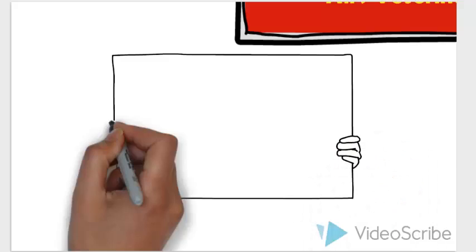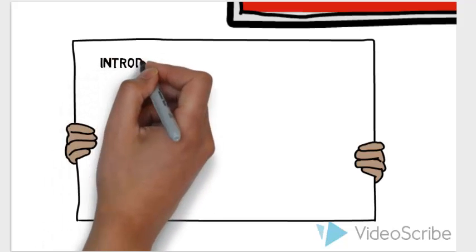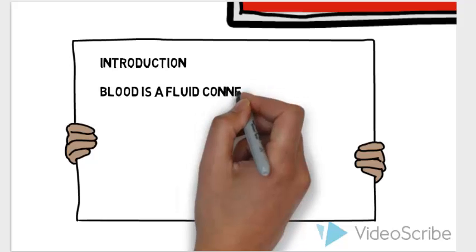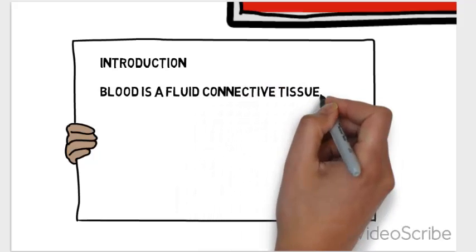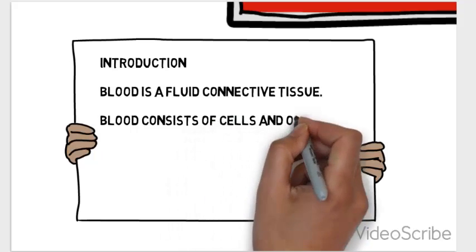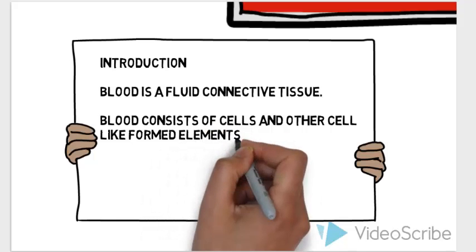So, regarding introduction, we know that blood is a fluid connective tissue and it consists of cells and other cell-like formed elements suspended in fluid called plasma.